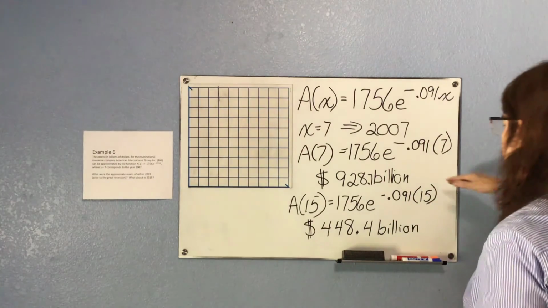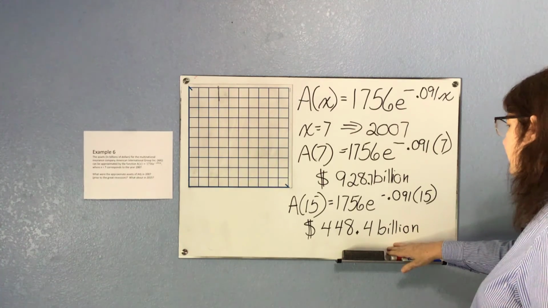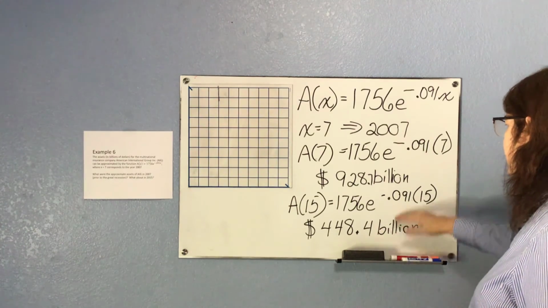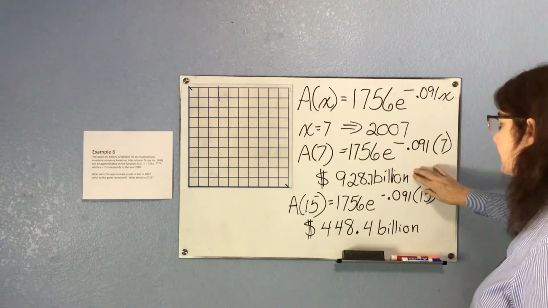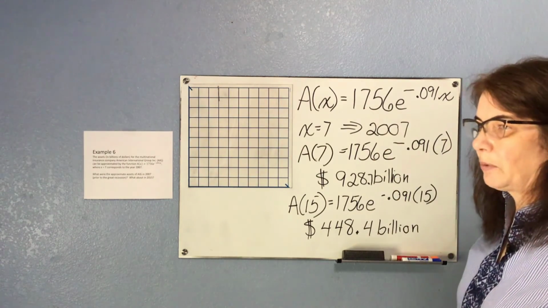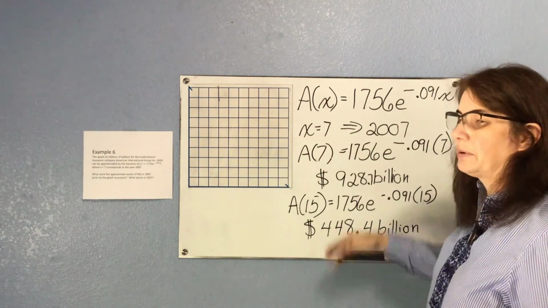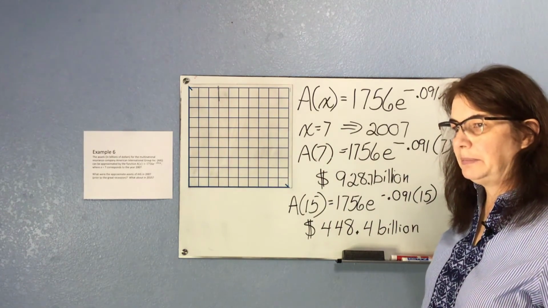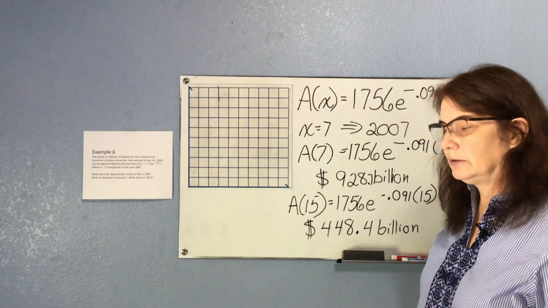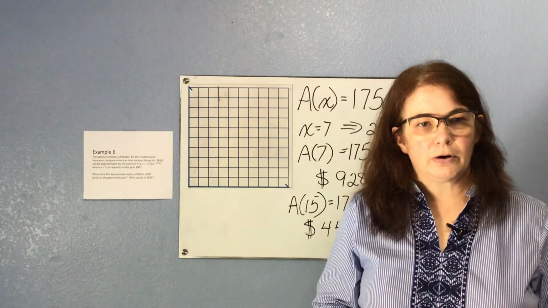So you can see indeed that this dropped in 2015 to less than half of this. So in those 8 years, it dropped quite sharply. And of course, we know that in 2008 is where they lost most of that money, but it continued to drop after that. Okay, you're ready now to work on your homework assignment.